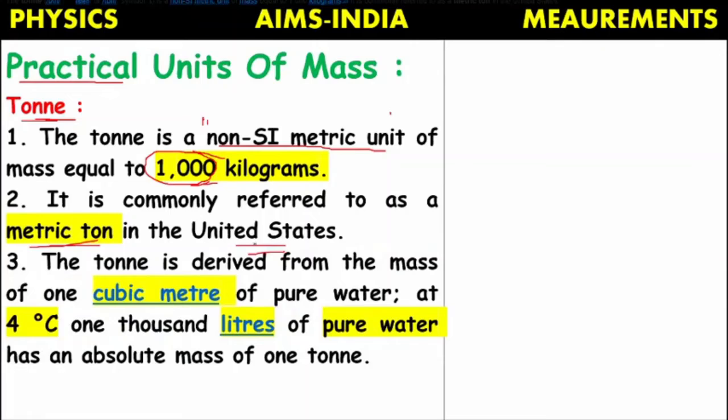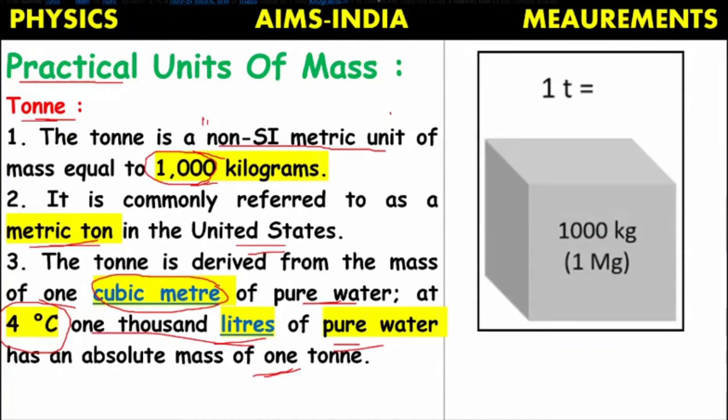It is actually derived from the mass of 1 cubic meter of pure water kept at a temperature of 4 degrees centigrade. That means 1000 liters of pure water has a mass of 1 ton.